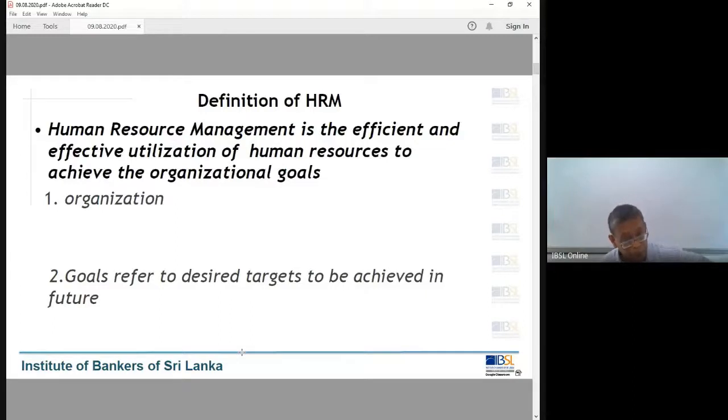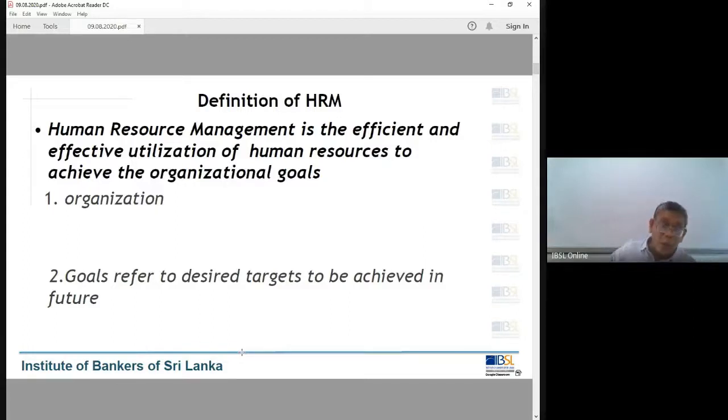to achieve financial stability, improve the quality. All are organizational goals, right? Now, in a broader sense, a goal means anything you are trying to do to satisfy the needs and wants of humans and upgrade the living standard of people.